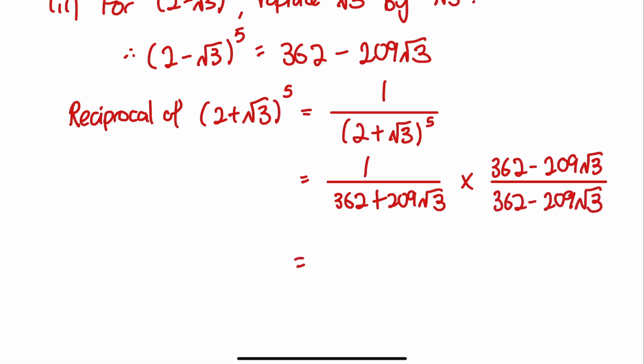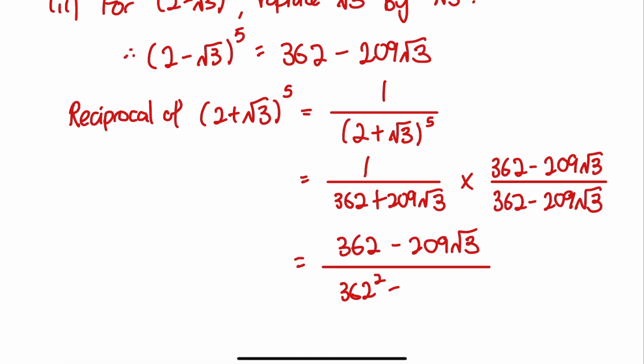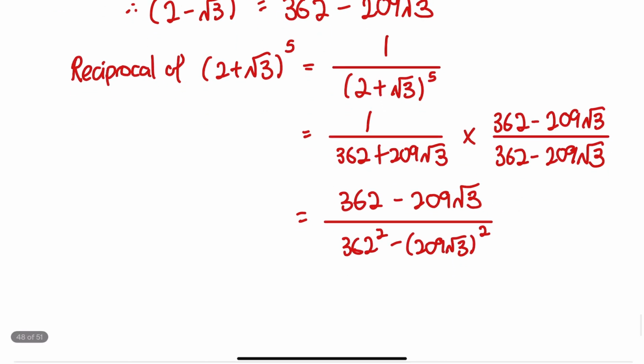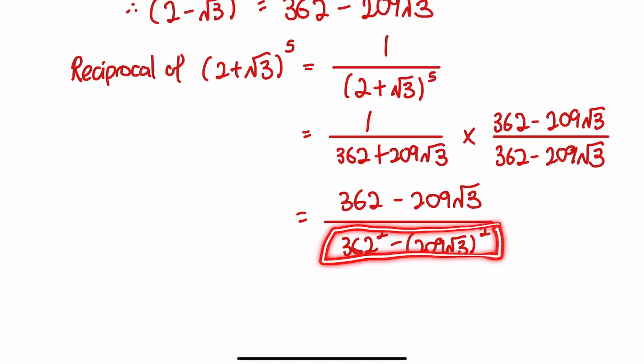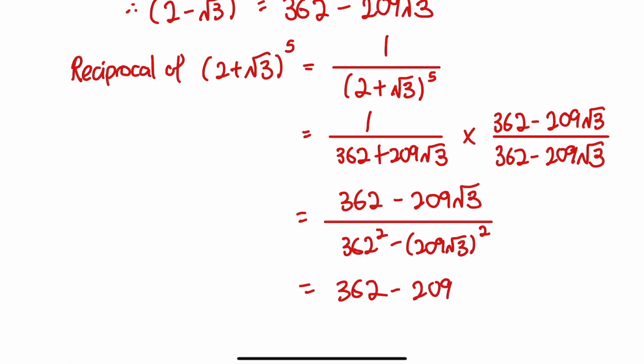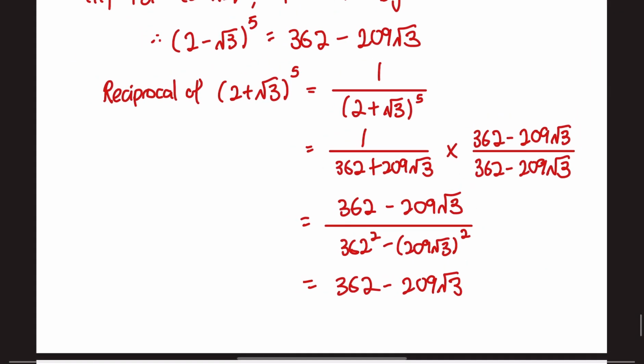So simplify this, I'll get 362 minus 209 root 3 over, denominator is a plus b times a minus b, I'll get 362 square minus 209 root 3, the whole thing square. And one interesting thing, if you press this in your calculator, you'll notice that the denominator here is equal to 1. And therefore, this means that this is equal to 362 minus 209 root 3, which we have shown from the first part here.